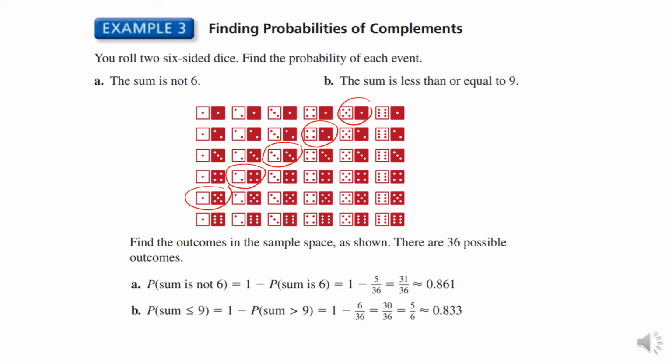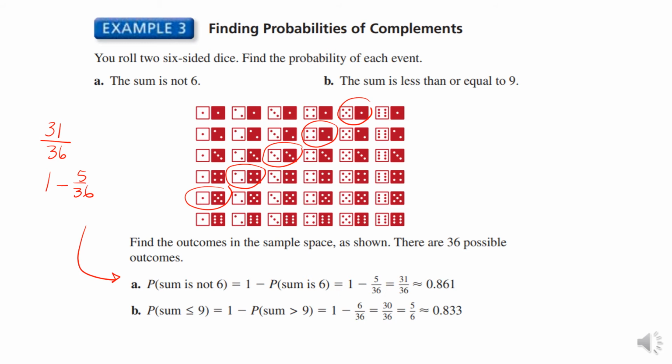So we can see that the total is 36, and the sum is not 6 is 36 minus 1, 2, 3, 4, 5. So that'd be 31 out of 36, or 1 minus 5 over 36. Either way, it's 31 over 36. And then you would divide 36 into 31 to get that percent.